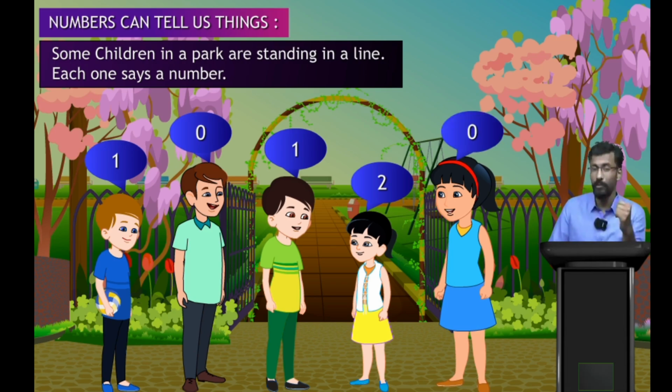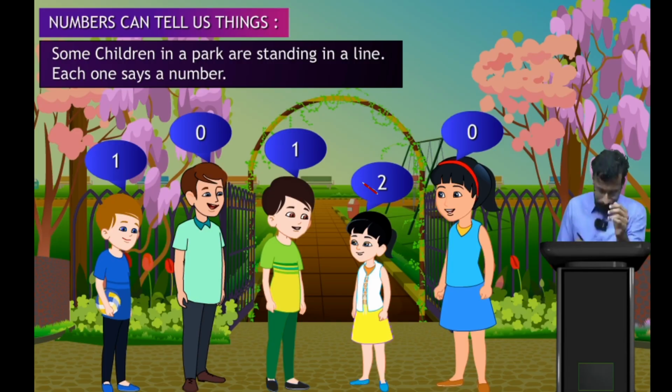What was the logic behind it? Anybody? What was the logic? The number shows how many taller neighbors the child has.